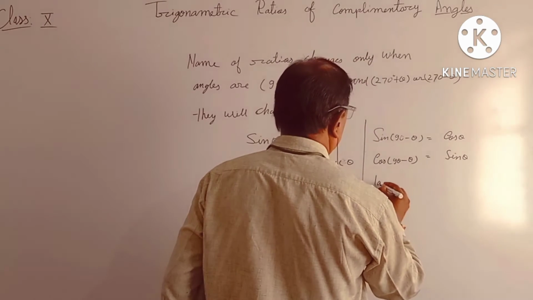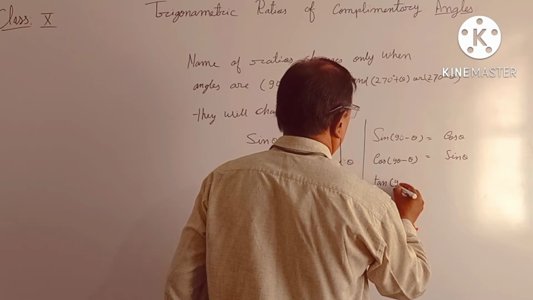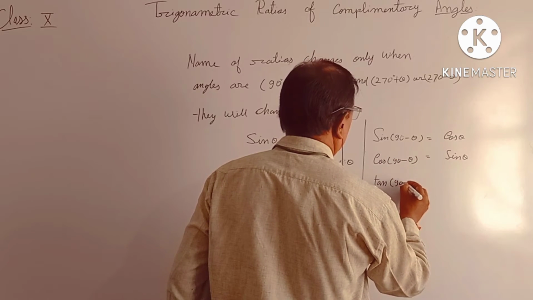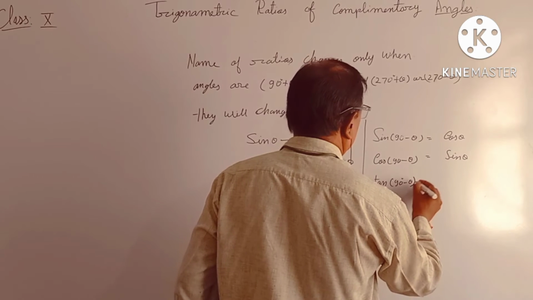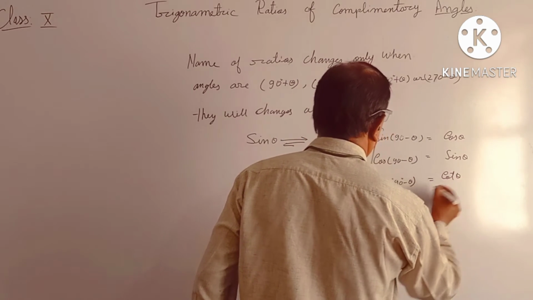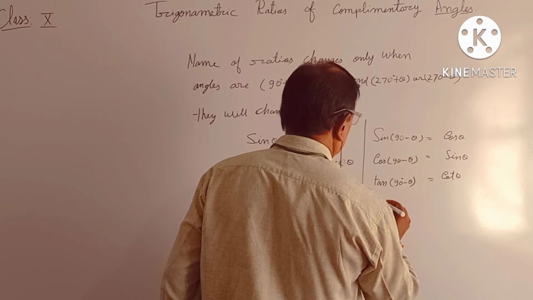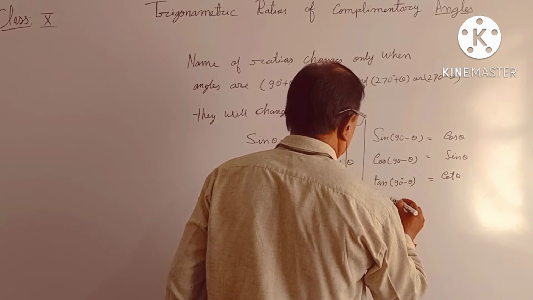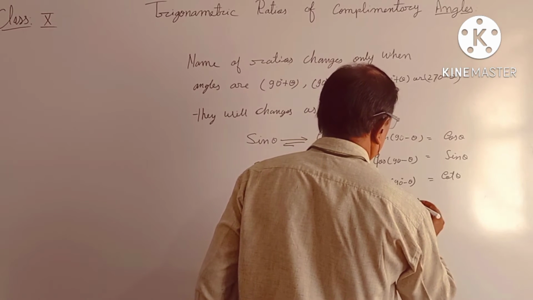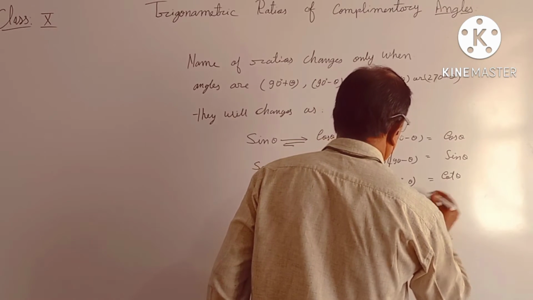Or tan 90 minus theta changes to cot theta, and cot 90 minus theta changes to tan theta.